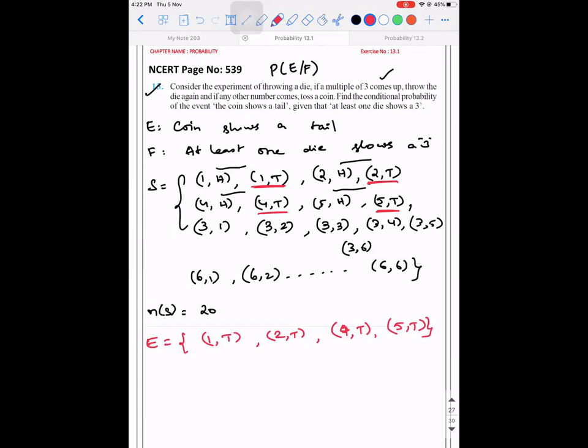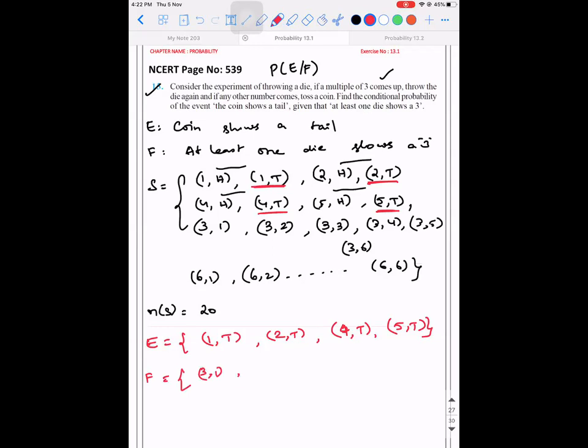You guys tell me what is the answer. 0. It is 0. Because if the number 3 comes, you're not going to toss a coin at all. Right? But you have to show it mathematically. So if 3 comes, 3 comma 1, at least one die shows a 3.